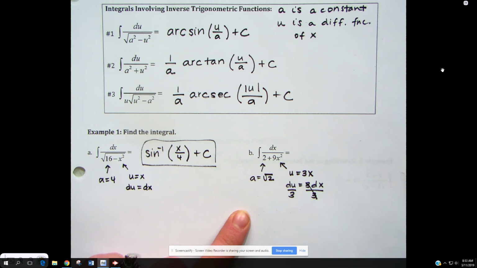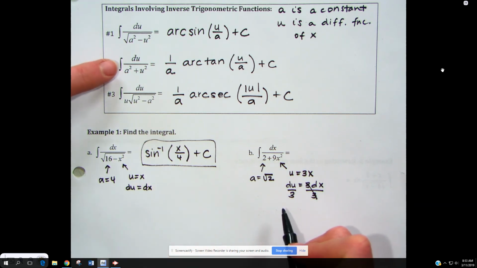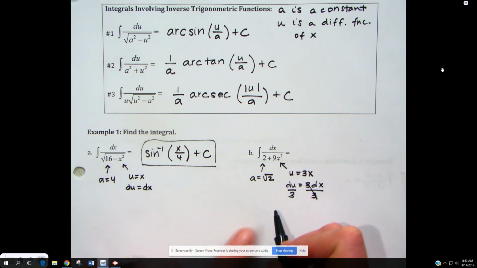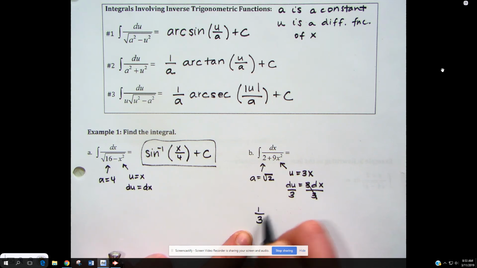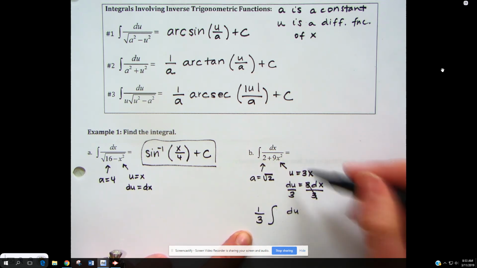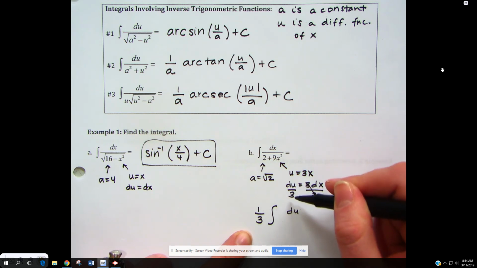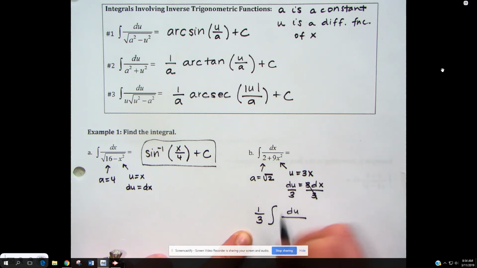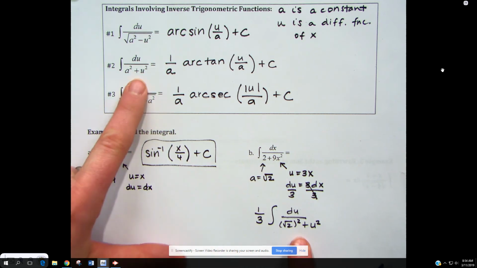So here, I'm going to rewrite it so that it looks exactly like this one. I'm going to think of this as 1/3 times the integral of du. I swapped out my dx for 1/3 du. And then underneath, I have the root of 2 squared, and I have u squared. Now it matches that pattern perfectly.